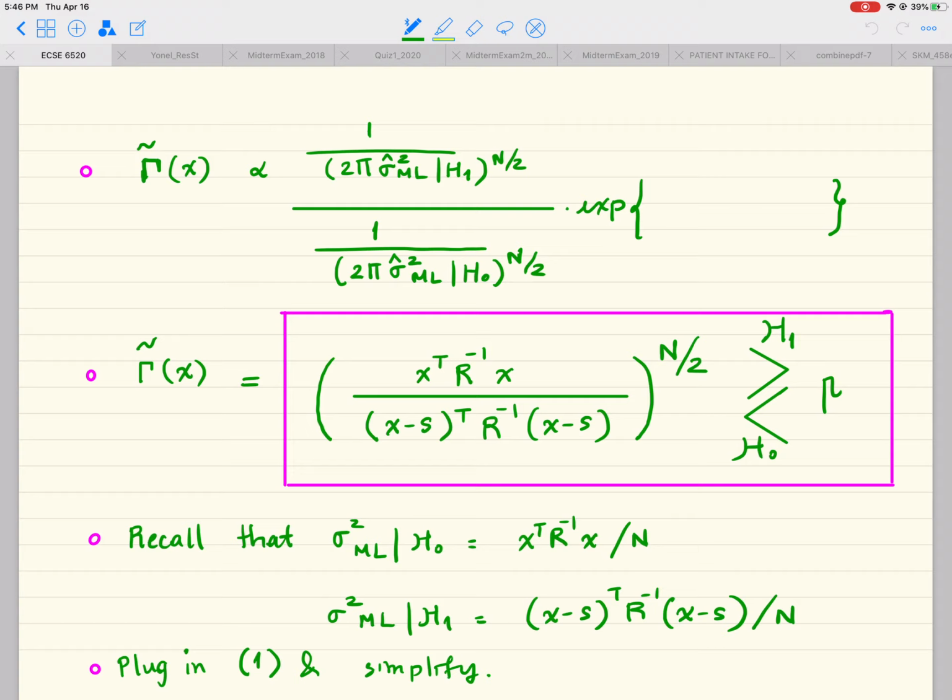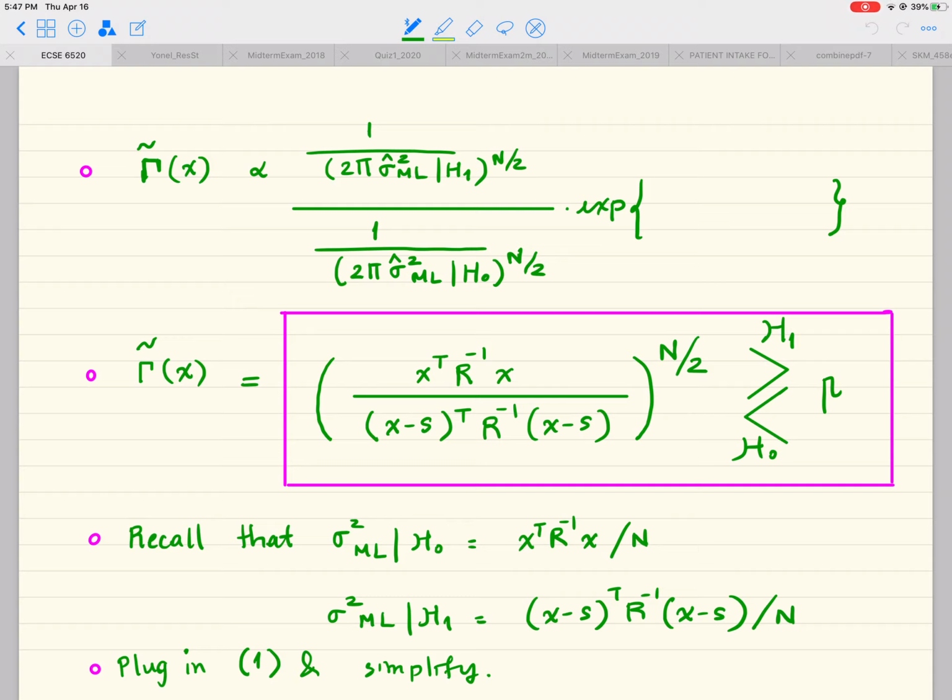Okay. So we plug these values into the ratio and simplify, and after doing the necessary arithmetic, we see that the GLRT statistic reduces to the ratio of two quadratics.